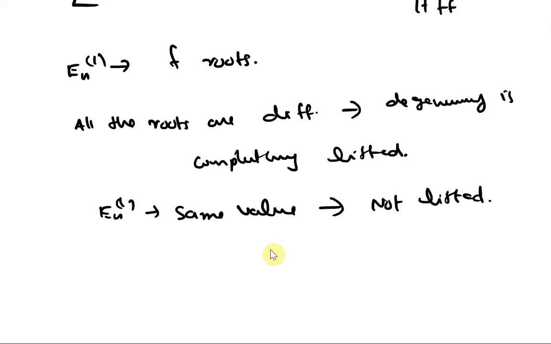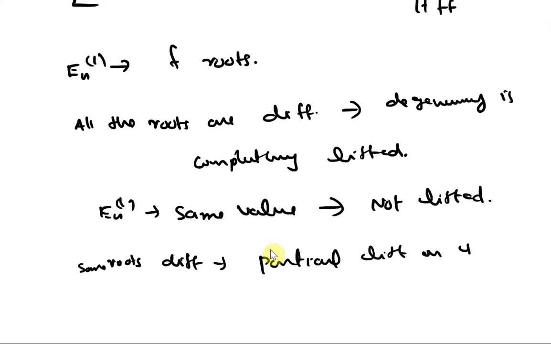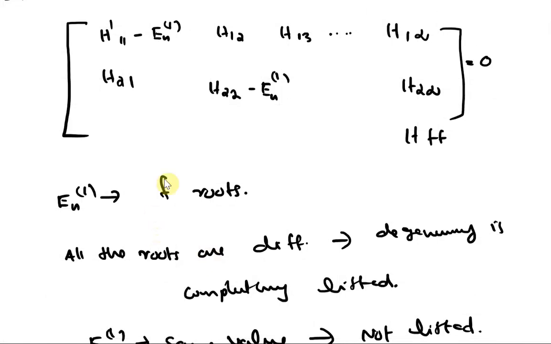So in that case, we'll be having some roots different, and you have a partial lift of your degeneracy. Okay, so that is an interpretation of this part.